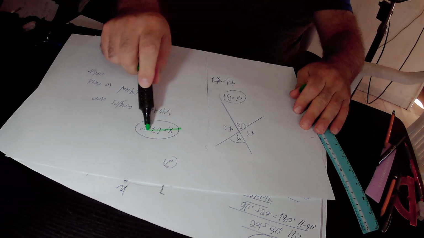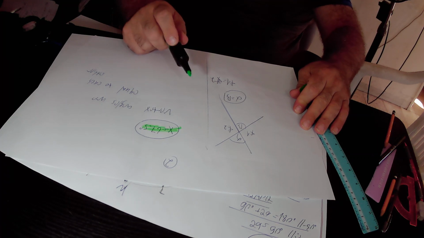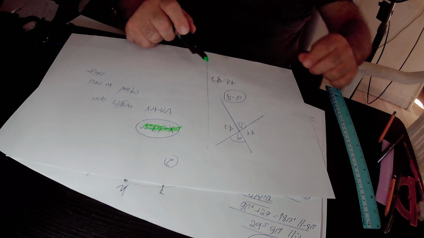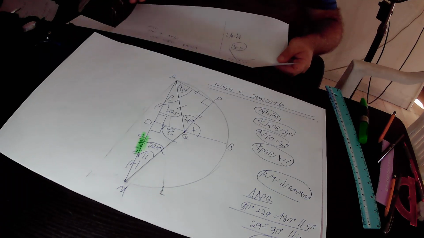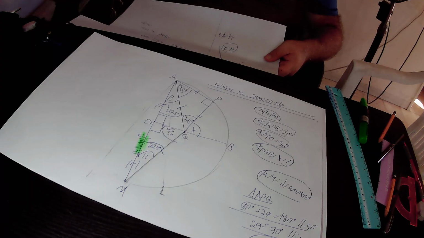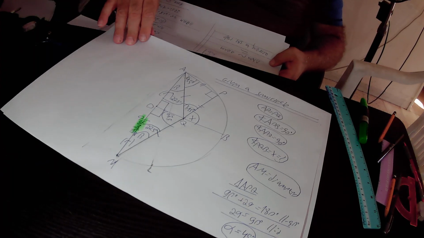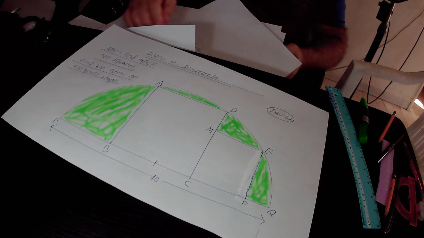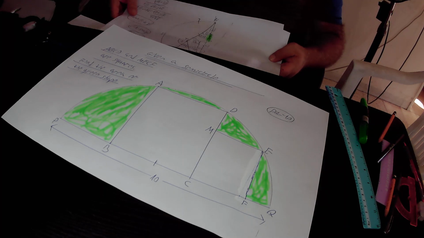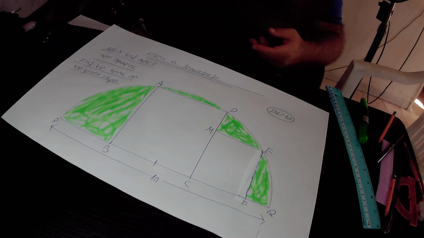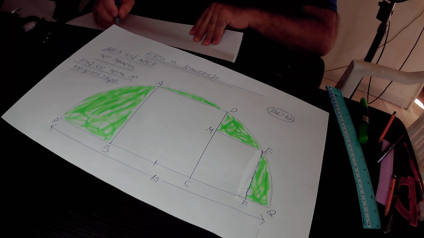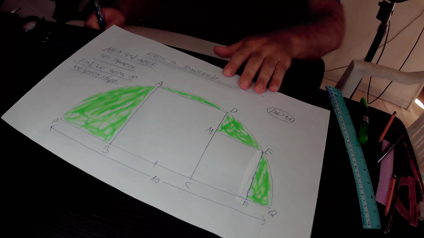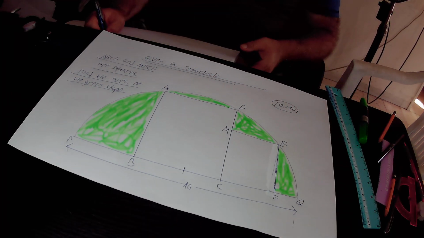In the next step, I present to you the second question, and we'll solve the second question of this lecture. The second question, our task was to find out the area of this green shape.